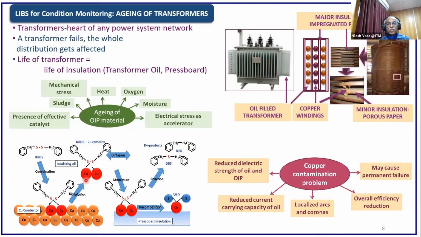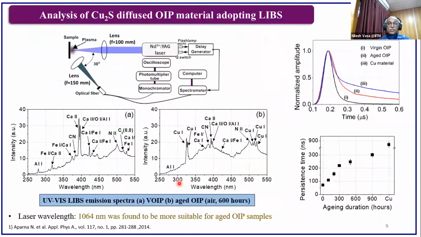Basically, in order to see the characteristics of this copper diffusion, we added DBDS, which is nothing but an organic based sulfur compound, and that sulfur compound interacts with the copper material, and then the dissociated copper can diffuse into the insulating material, representing a type of aging characteristics.